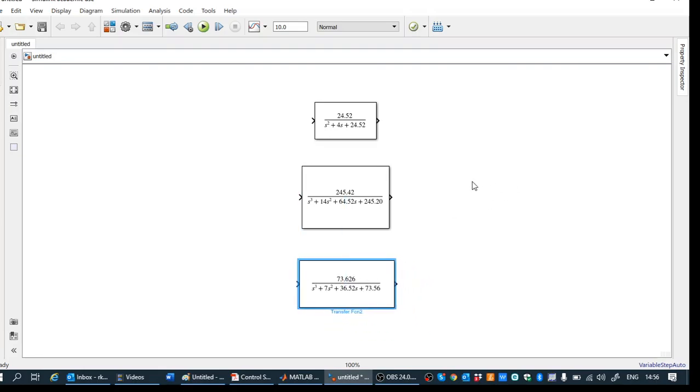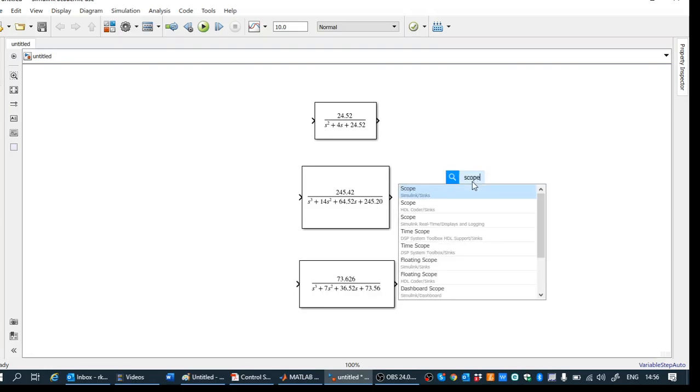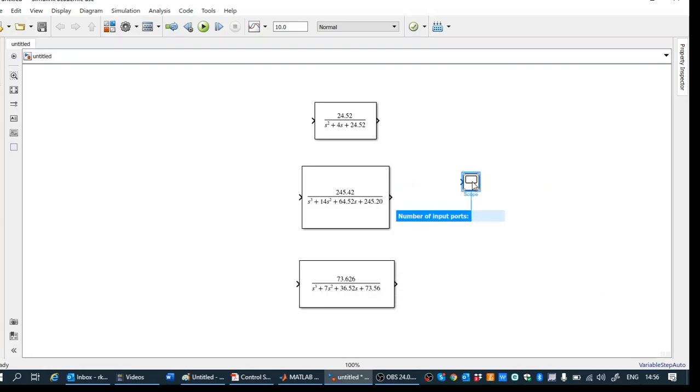Next I'm going to draw a scope output, and in the scope output I'm going to give 3 inputs. The reason is I want to couple them together. So the first output is going to go there, the second input is going to go to the second transfer function, and the third one is going to go into the third one. And let's say that we are using a step input as our source.